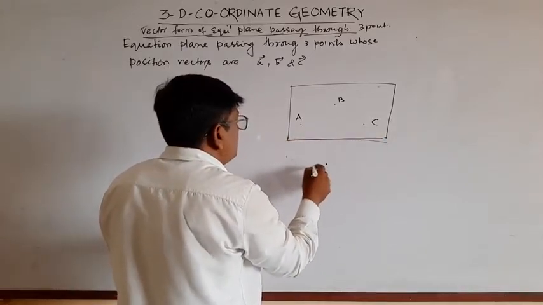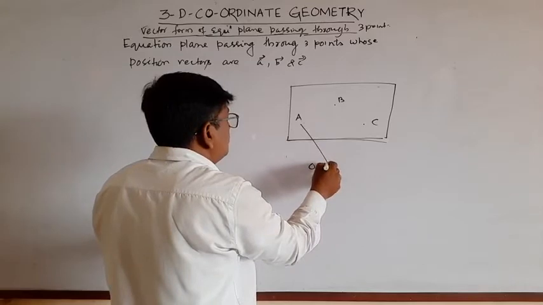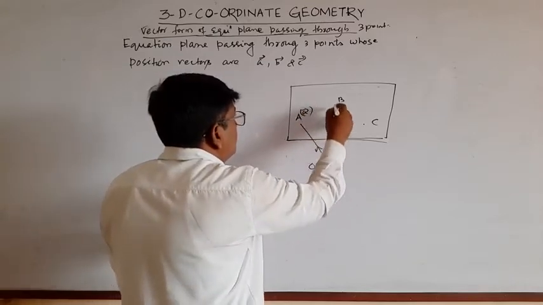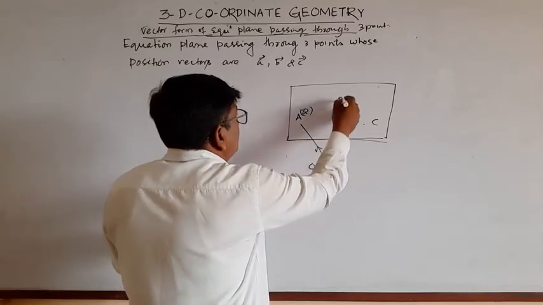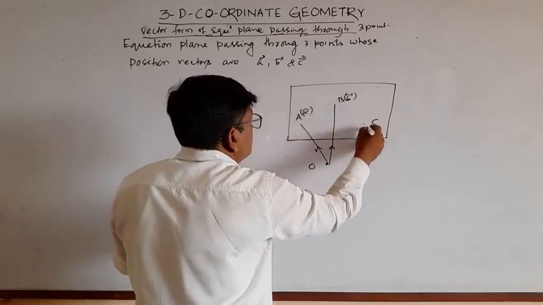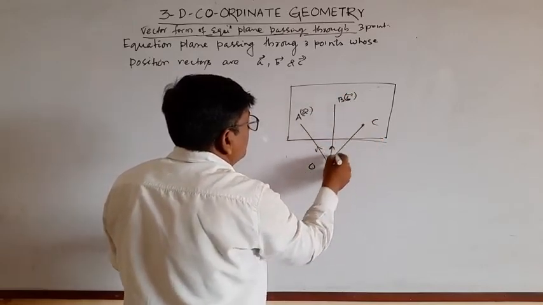This is reference point O, whose position vector OA is A vector, position vector of OB is B vector, and position vector of C is C vector.